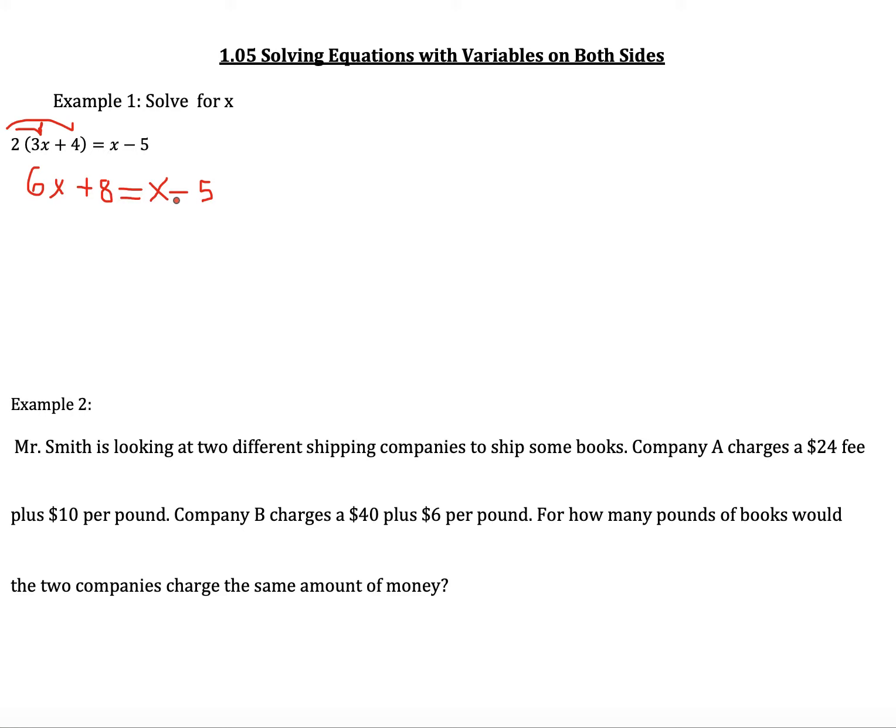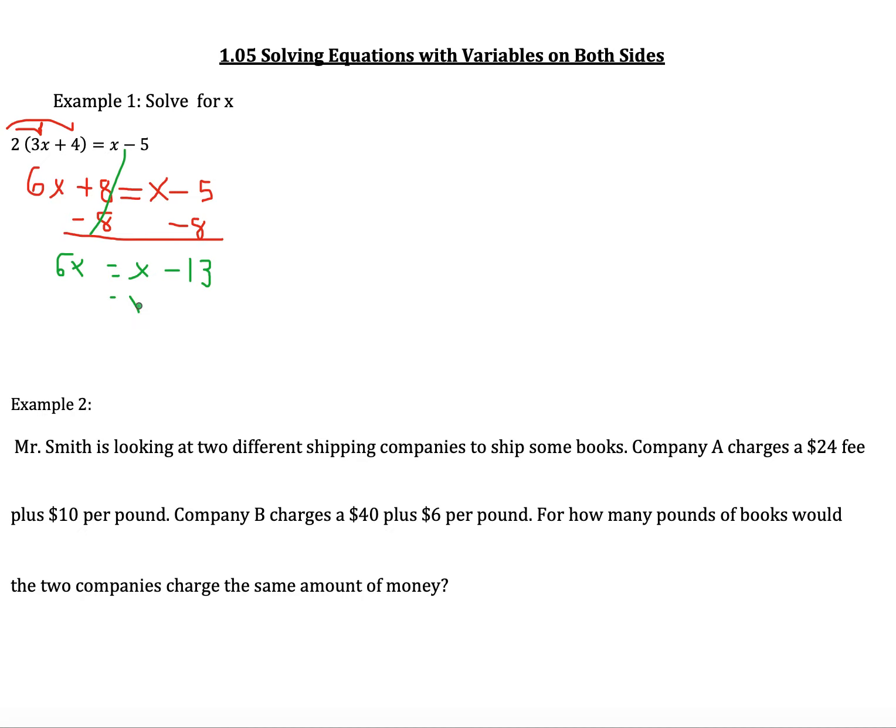And now let's get the numbers together. So -8 to both sides. 6x cancels out, equals x. -5 minus 8. No, it's not -3. No, it's not +3. It's -13.